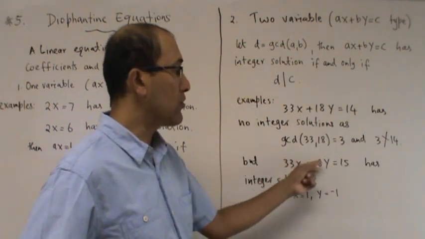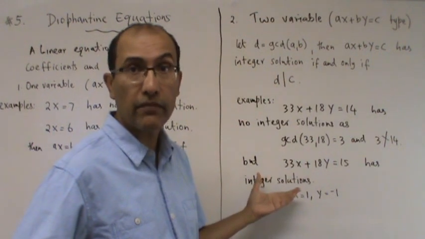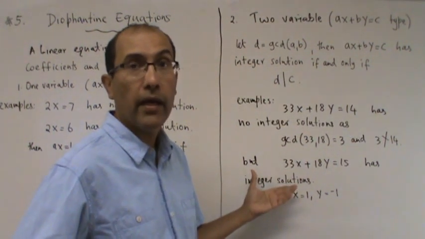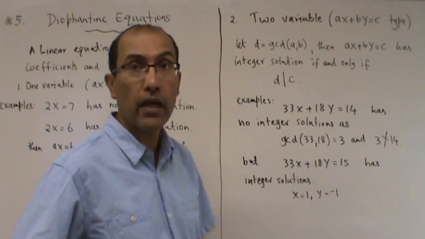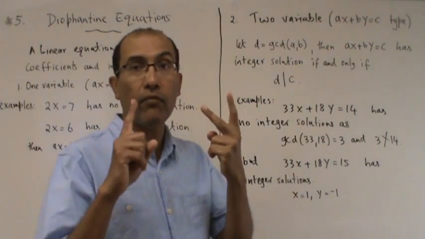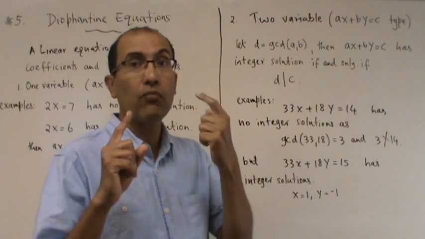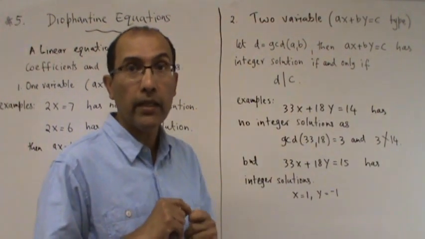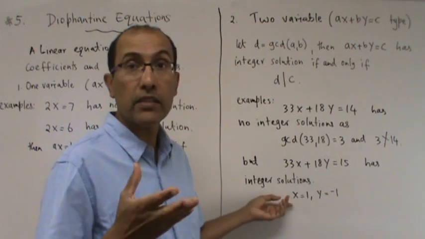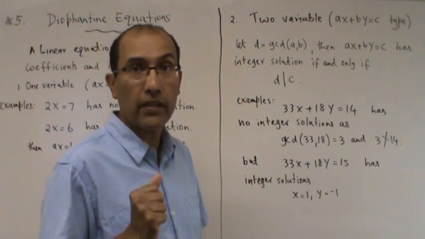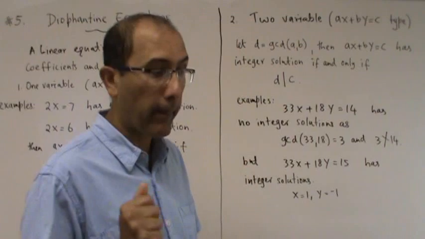Now because this has two variables, there are an infinity of solutions. This is just one of them, because we have 1 degree of freedom. We have two variables and only one equation. That means one variable will be free and it can take any value. So if there is one solution, there will be an infinity of solutions.